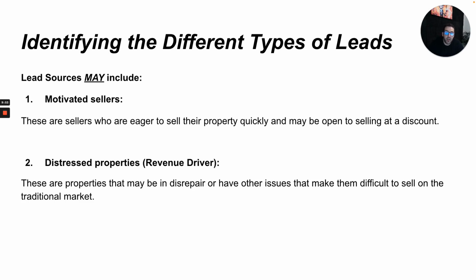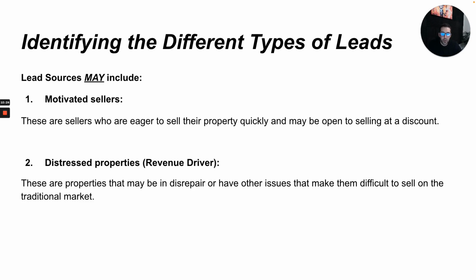Now, distressed properties, on the other hand, would be properties that appear to be having issues, or they're in disrepair. Maybe there's a ton of overgrowth, the property is just not well kept, the landscaping is getting way out of hand. These would probably be difficult to sell on a traditional market, and would probably be good for you to target and speak to a seller that is clearly in distress and not able to take care of that property, or maybe they just don't care.